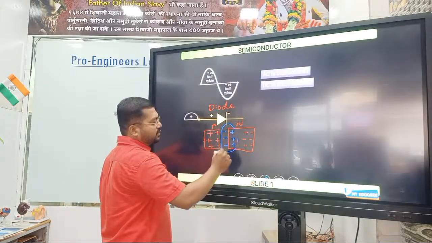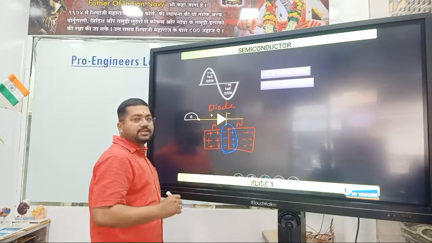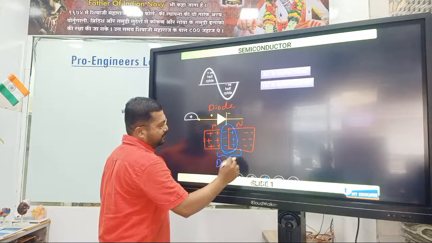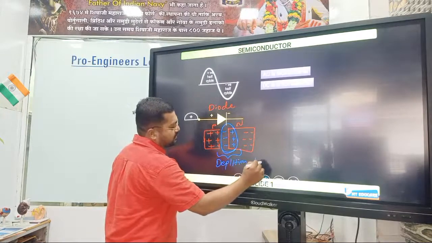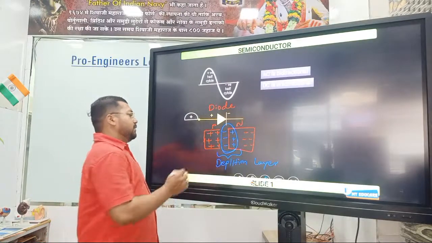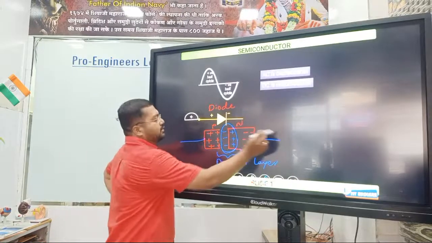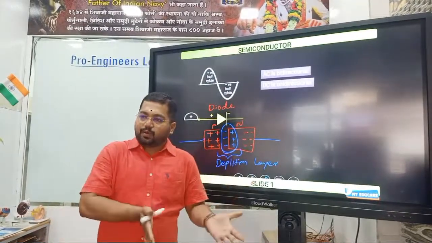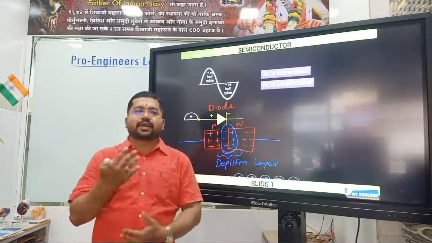It means here is one specific wall which is formed, and that wall is called the depletion layer. What is this wall called? Depletion layer. Now, sir, it is very good that without doing anything, electrons are recombining with positive charges and that creates some potential.